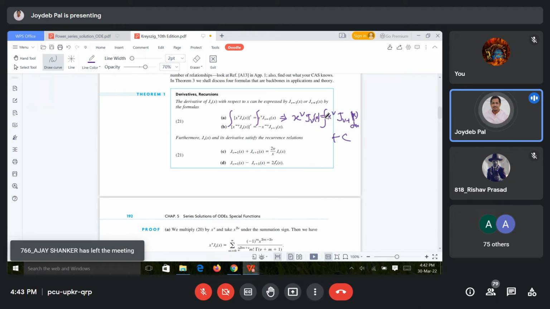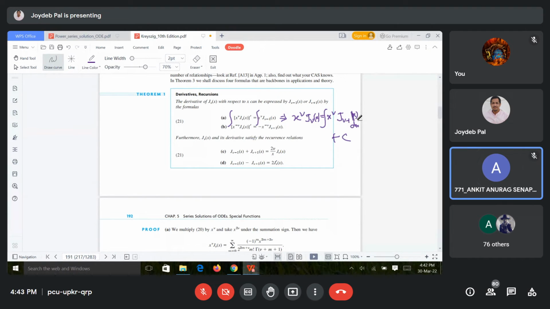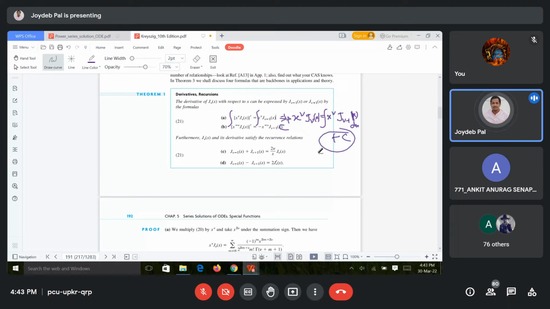Do you get it? How I am getting the basic formula of integration? Yes, sir. And add this c in the left side, that will be better actually, plus c.